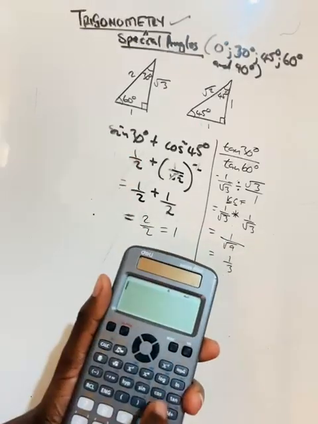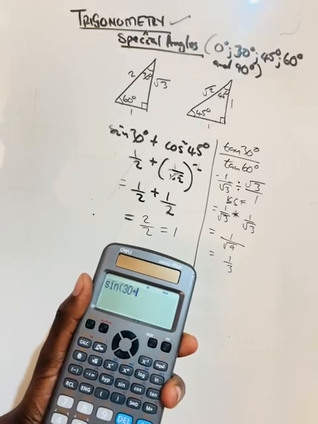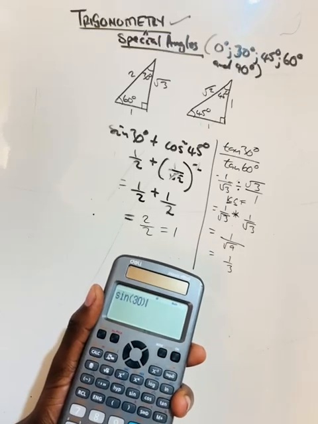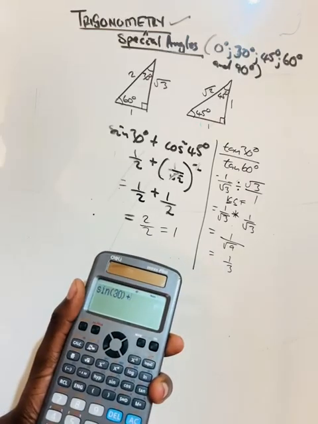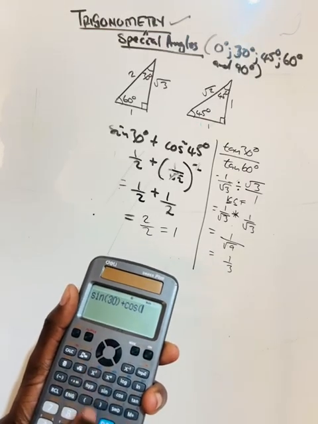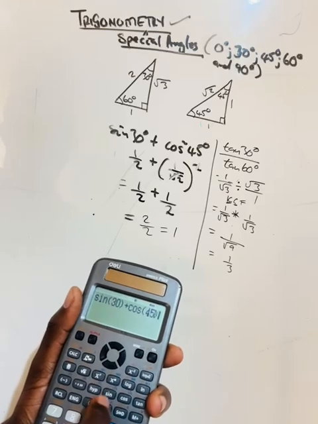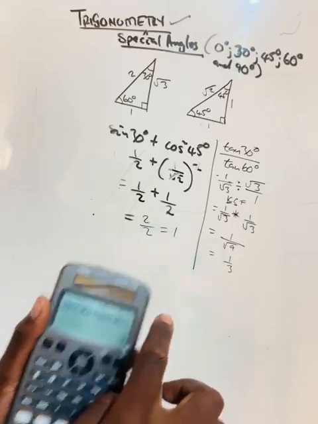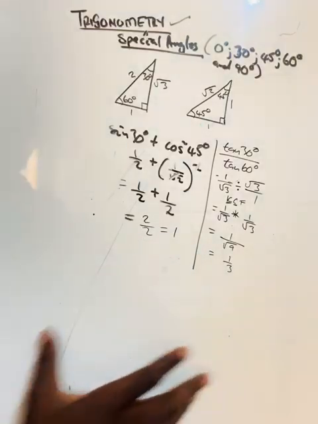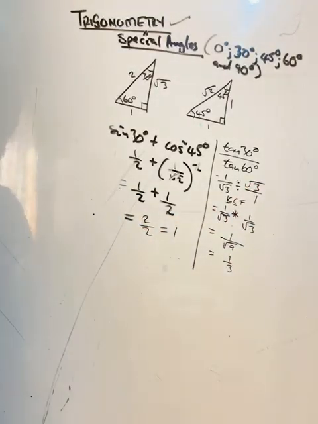Let's confirm with sine 30 degrees plus, oh, wait a minute, close the bracket, plus cos 45, close bracket, squared. What do we get? We get 1. So when you just use your calculator to verify, you leave the exam room knowing that you have done the correct work. Let's do another one, right?